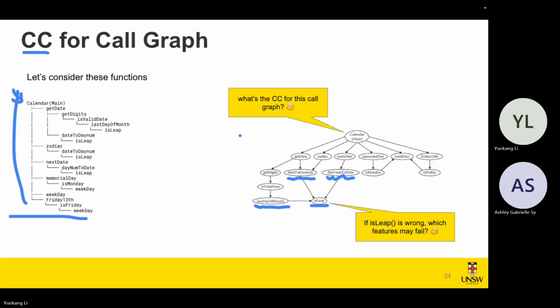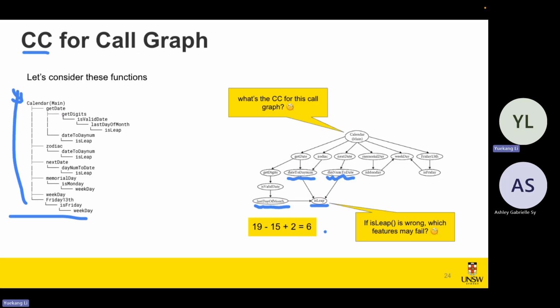So we can also calculate cyclomatic complexity for call graphs. And for this graph, according to the definition, it is calculated like this. We have 19 edges. We have 15 nodes. So the cyclomatic complexity is 19 minus 15 plus 2, which is 6.